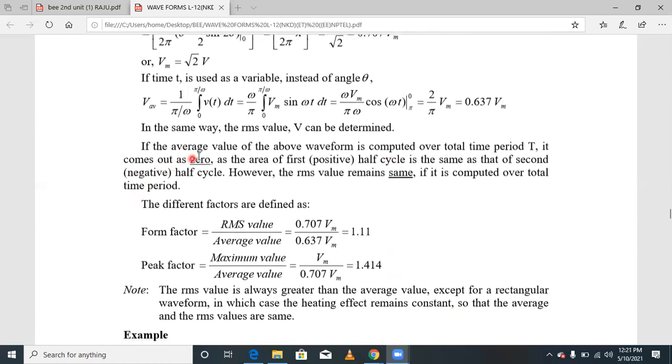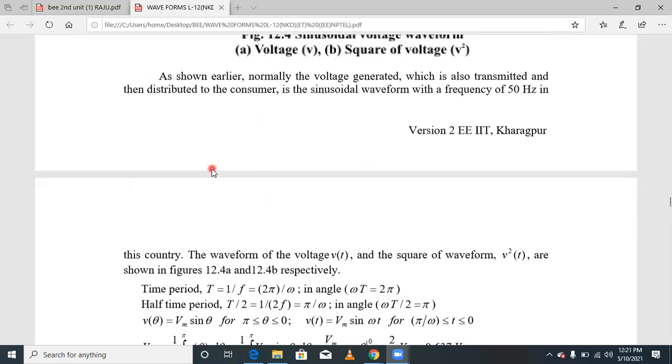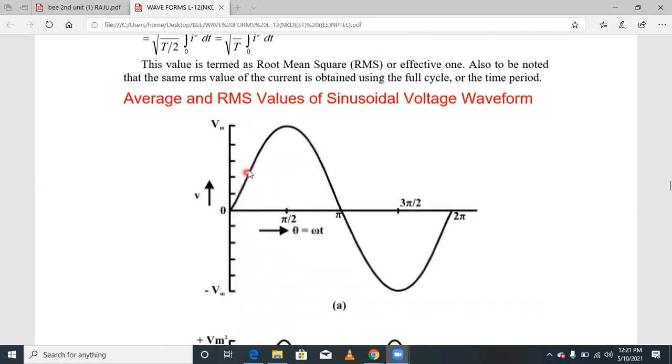If the average value of the above waveform is computed over a time period T, it comes out as 0. If you consider the average value over the total time period, the average value will become 0. Why? Because the area of the first positive half cycle, 0 to pi, is the same as that of the second negative half cycle, pi to 2 pi.